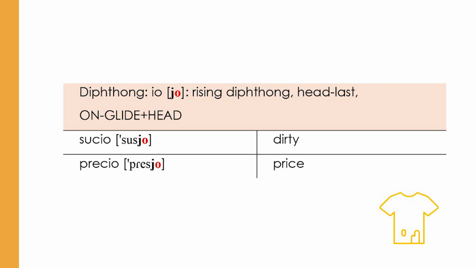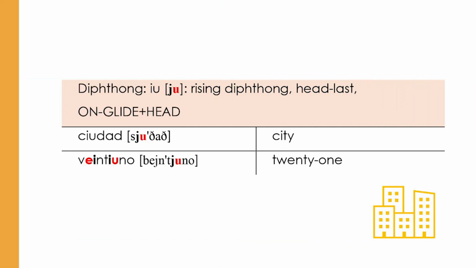Head last, rising. "Sucio, precio." Rising. "Ciudad, veintiuno." So therefore we have two diphthongs here. Off glide, head first. On glide, head last. So we have a falling diphthong and a rising diphthong.